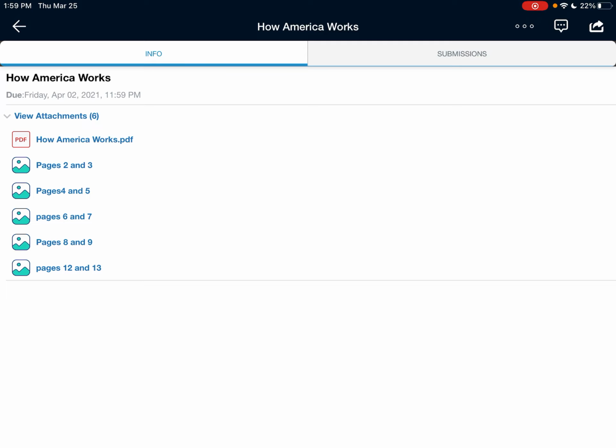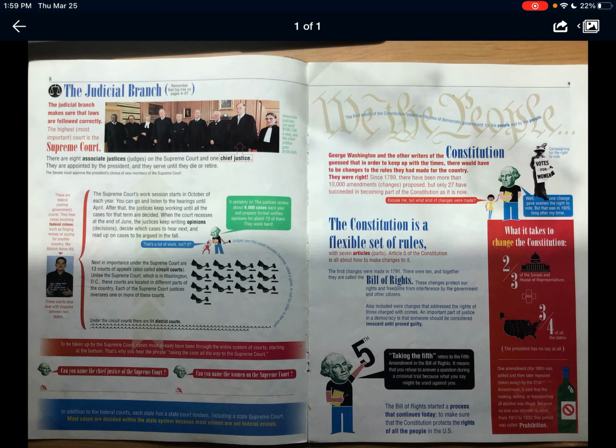Okay, next one. Number 5, we go to the Judicial Branch on pages 8 and 9. The Judicial Branch of the government consists of the courts, which includes the Supreme Court of the United States.